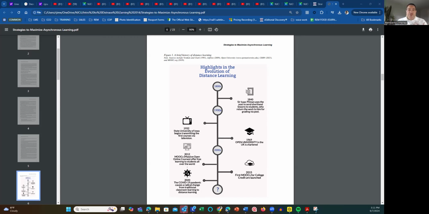But as we started to move into more of, I would say, the beginning of what we consider to be the technological age in the 1900s, you start to see the use of television. And the State University of Iowa actually was one of the first universities or institutes of higher learning that would promote learning through the use of courses through television.